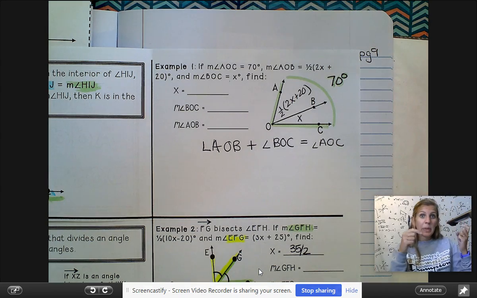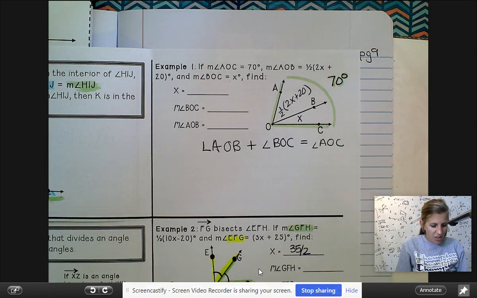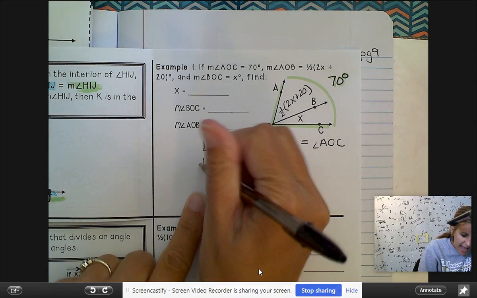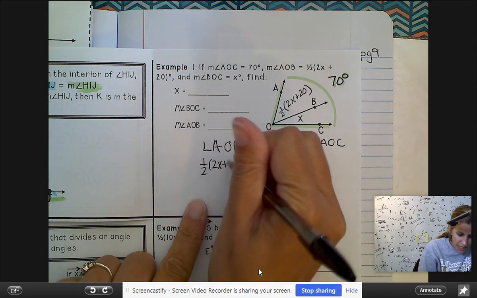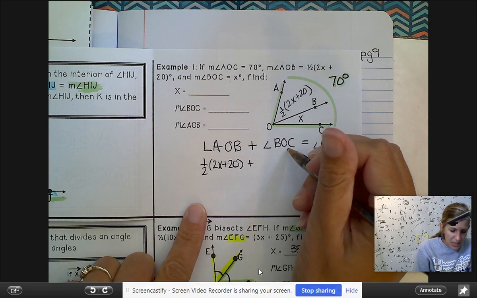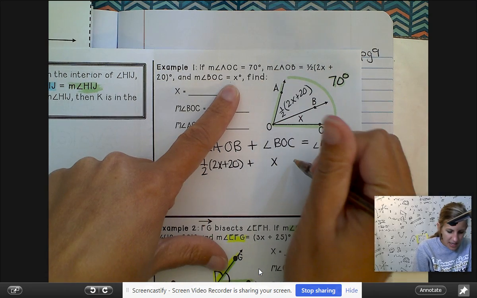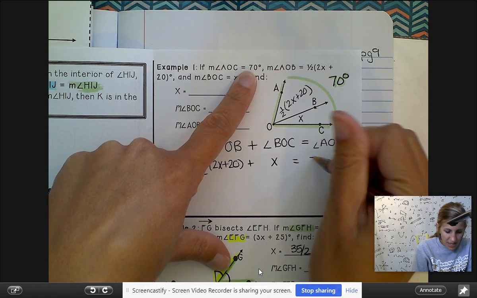Then we can just replace each angle with what it measures. AOB was 1/2 (2x plus 20), BOC was x, and AOC is 70.